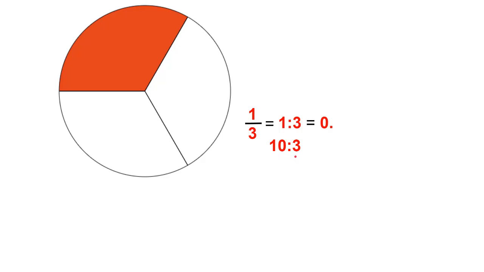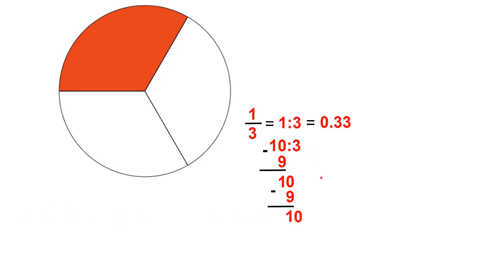10 divided by 3 is 3. 3 times 3 is 9. We subtract. We get 1. 1 is smaller than 3, so we add a 0 to it. 10 divided by 3 is 3 again. 3 times 3 is 9. We're left with a 1, smaller than 3.